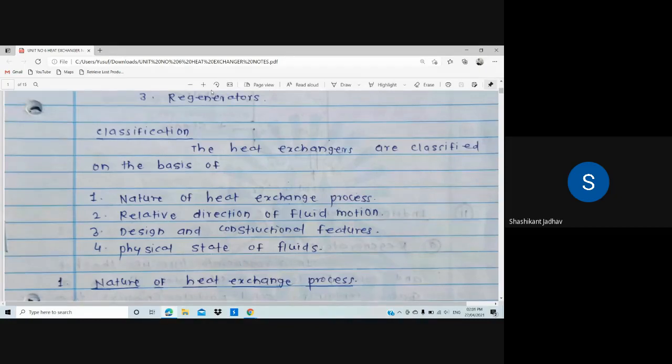Okay, so all of you write down classification. Write down, the heat exchangers are classified on the basis of.